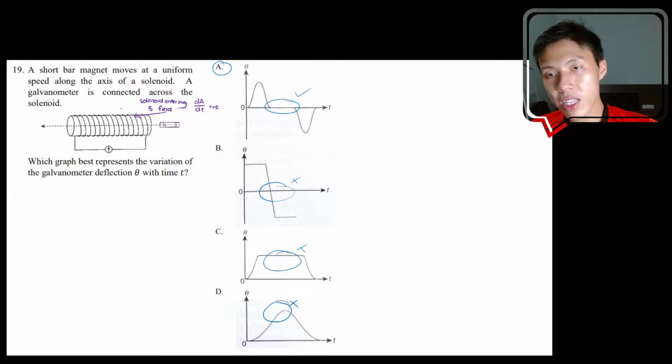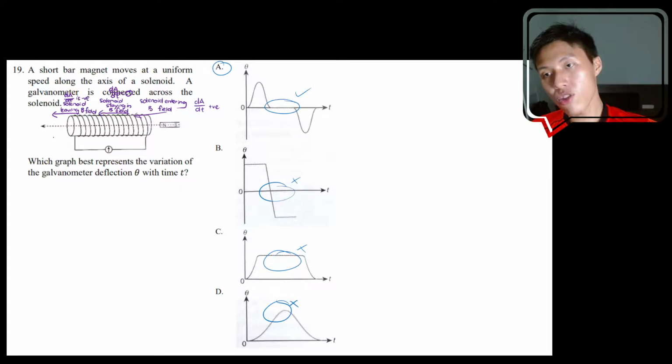When it's near the middle, the solenoid is staying in the magnetic field. So in this region, you can say dA/dt will be near 0. When you're at this region, it is the solenoid leaving the B field. So in this case, dA/dt is negative.